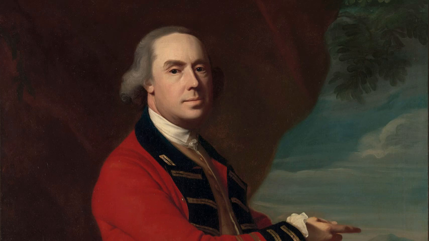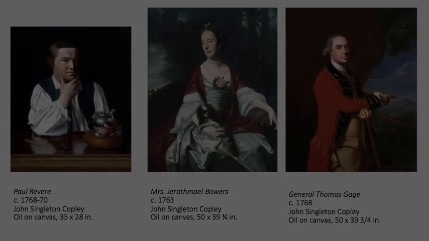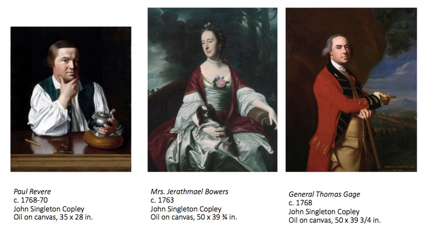But as we see from this time period, from 1768 to 1770, and then that previous portrait, 1772, with Sam Adams, this is that period where things are revving up in the Revolution, and also that decade in which Singleton Copley really gets his skills up to par.